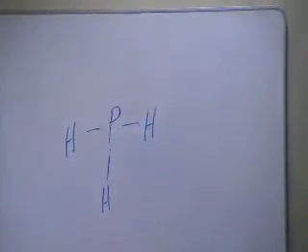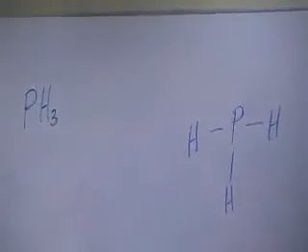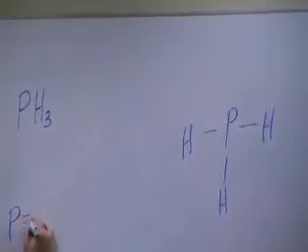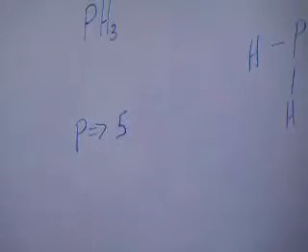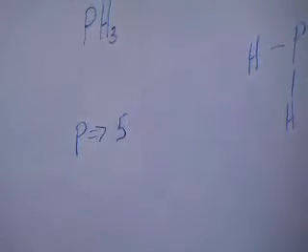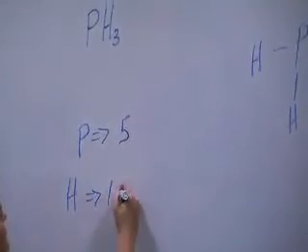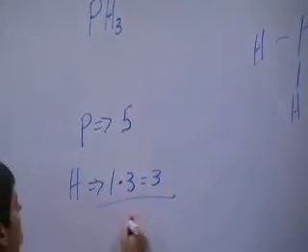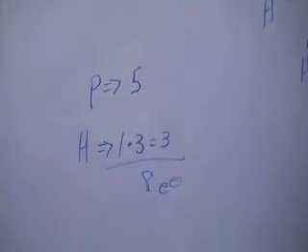That one's kind of quick to figure out because we know it's not going to be hydrogen. Hydrogen's not ever going to be in the center. So phosphorus brings 5. How do I know phosphorus brings 5 electrons? It's in group 5. Hydrogen brings 1, and there's 3 of them. So that's a total of 8 electrons that have to be placed.